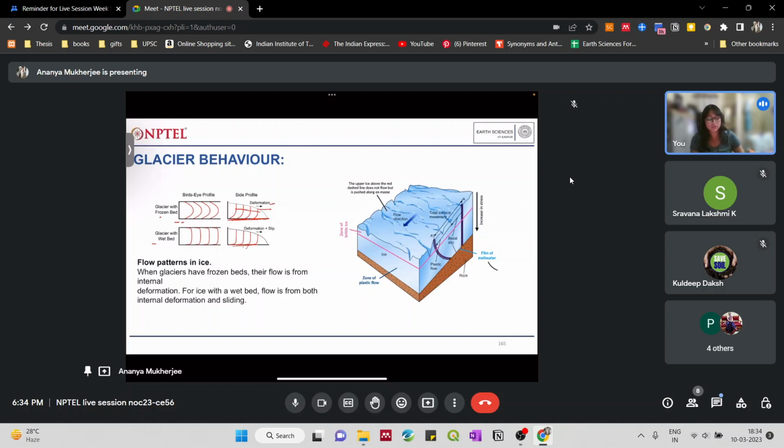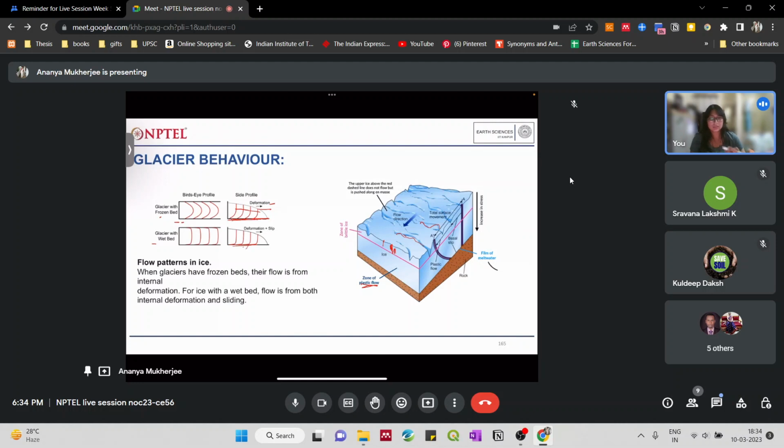In this deformation, the top part of the glacier is where most of the crevasses are formed. The top part is the brittle zone, a few meters thick, and the rest is following plastic flow. This is called the zone of plastic flow, and the top part is the brittle part. The joint-like formations on the ice are called crevasses.